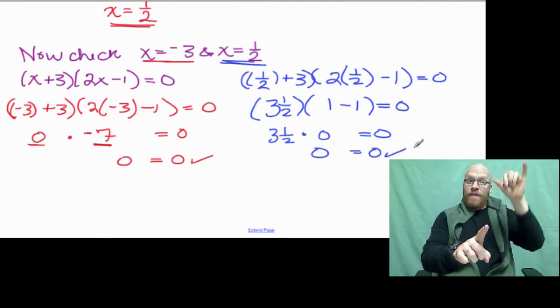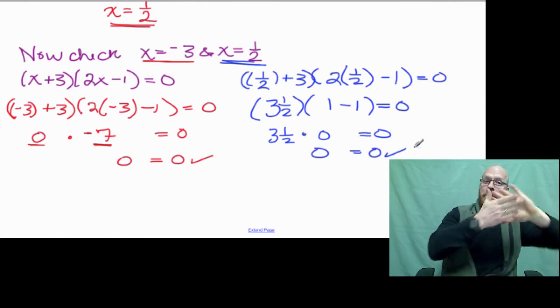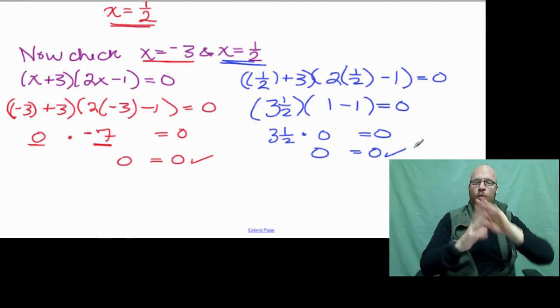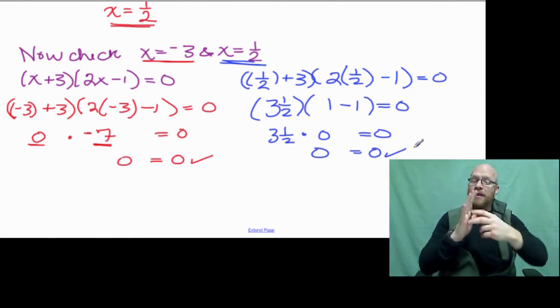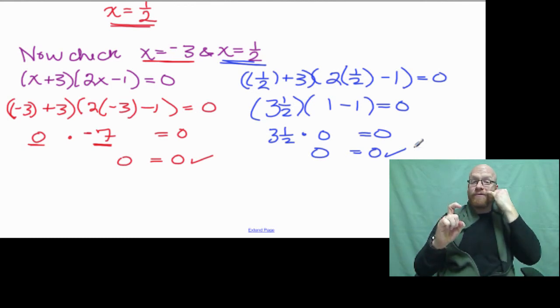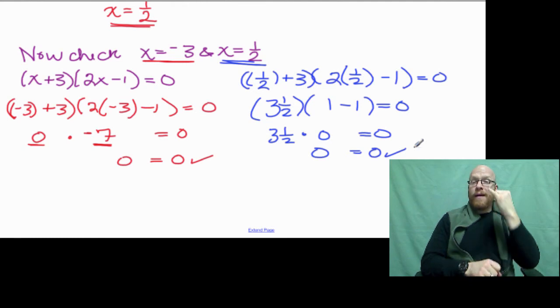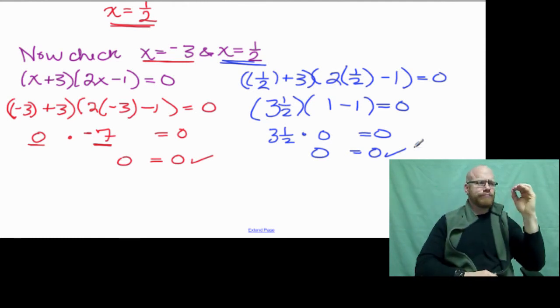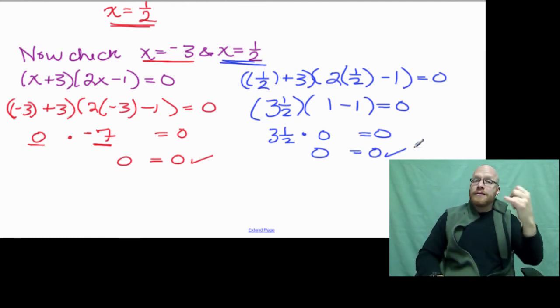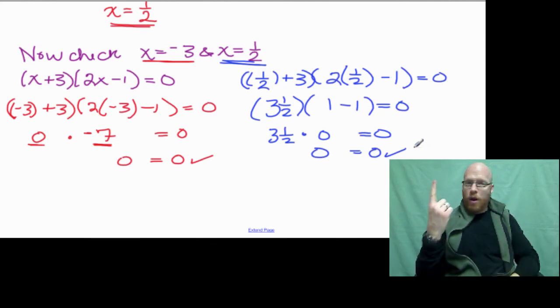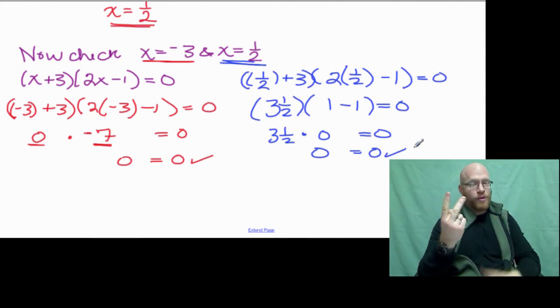So now, as you can see, our second check, the second term in our product here, 2 times a half minus 1 equals 0. So if I were to replace -3 in our quadratic, it would work out to be 0. If I replace a half in our quadratic, it works out to be 0. Now, we don't have one answer, we have two answers.